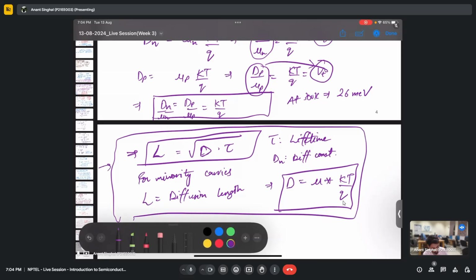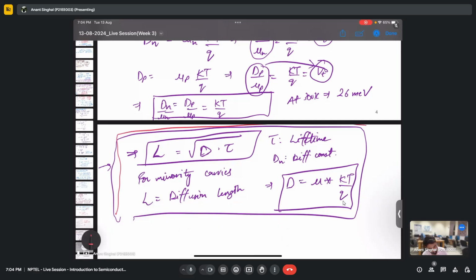Please type yes or no in the chat box quickly. Is this particular thing clear? Kindly write yes or no in the chat box.